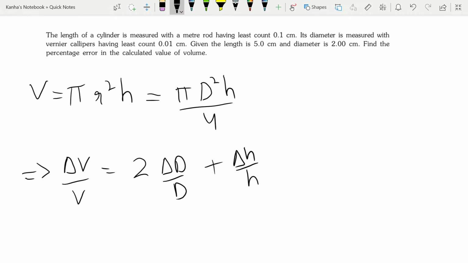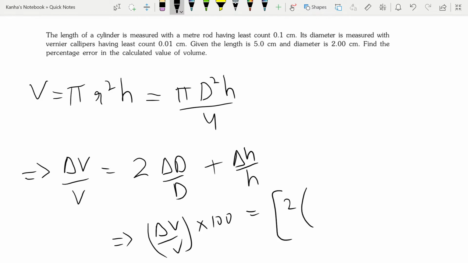Okay, that implies delta V by V into 100, which gives me the percentage error, is equal to 2 times... I just substitute the values. Now, my delta D is nothing but the least count of the vernier caliper.